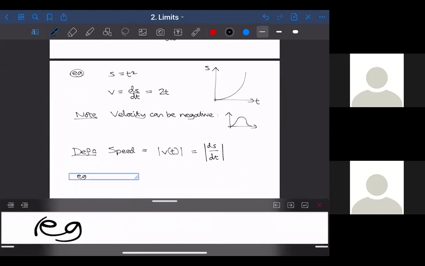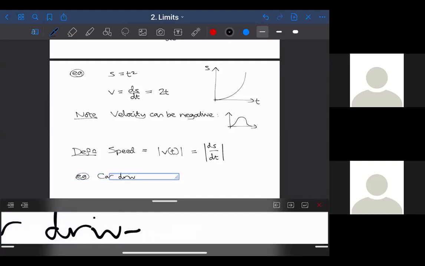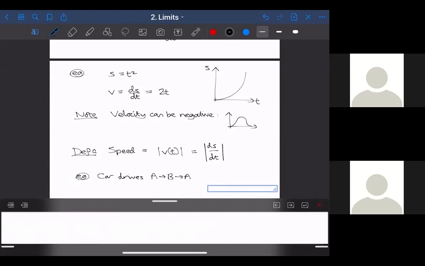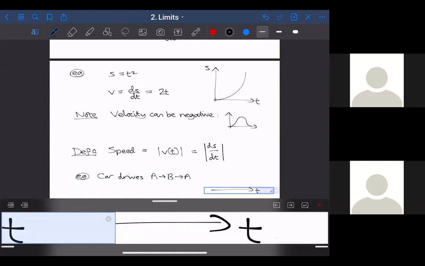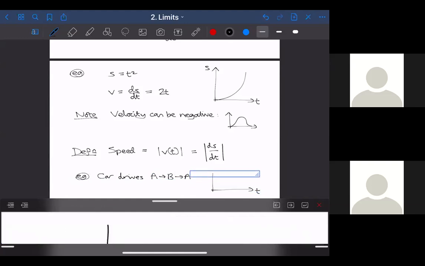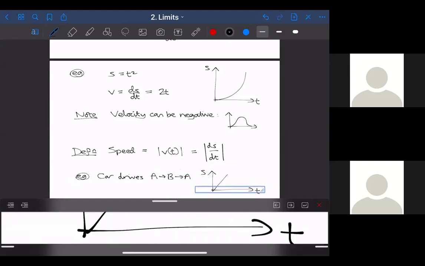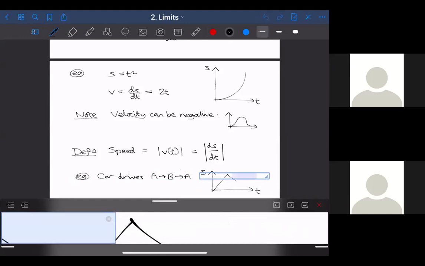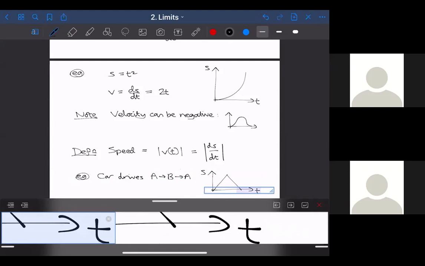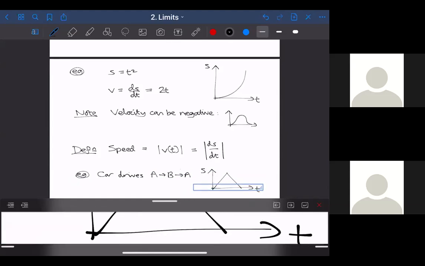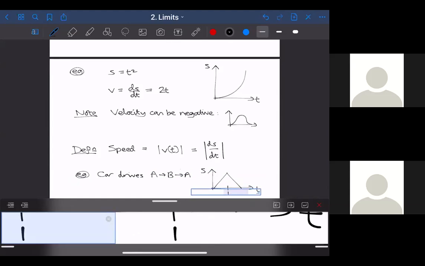So for example, if a car drives from A to B and then back, then the position of the car maybe has a graph like this, from time 0 to time 1 to time 2.